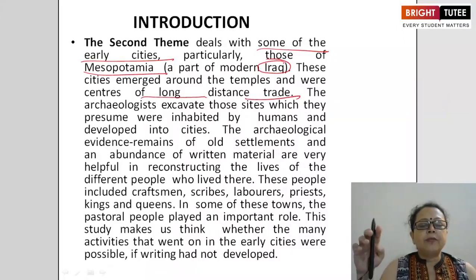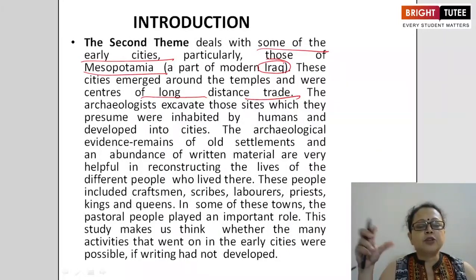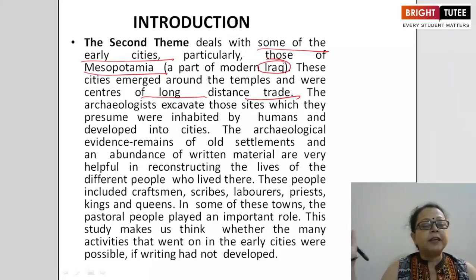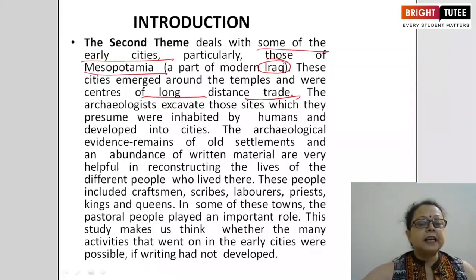Even our country was having this trade relationship during the Mesopotamian civilization. Just think a little about which civilization was there at that time parallel to the Mesopotamian civilization. It was the Indus Valley civilization, the Harappan civilization, the Mohenjo-daro civilization. So in those days also, we had trade relations with these countries.